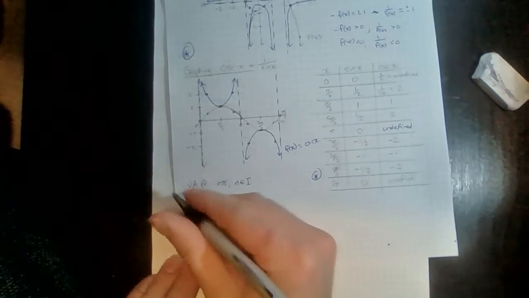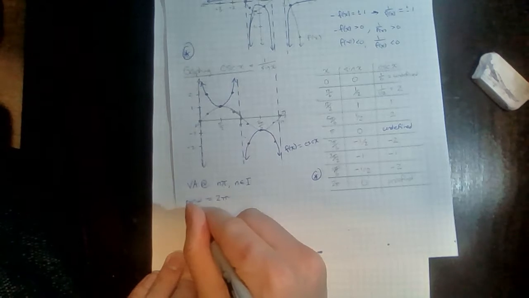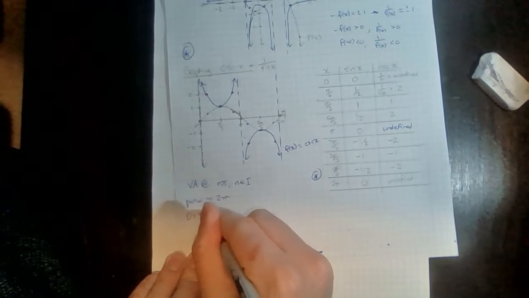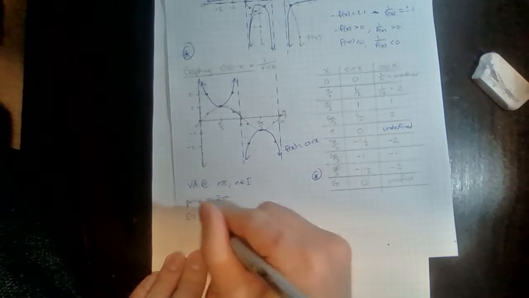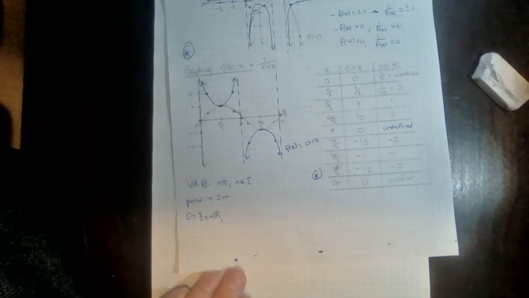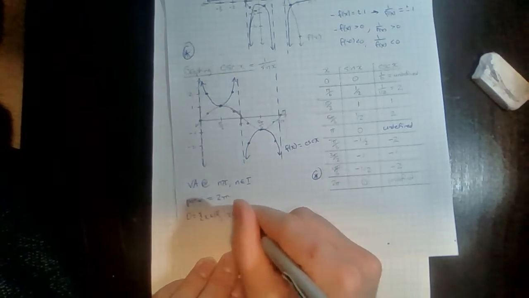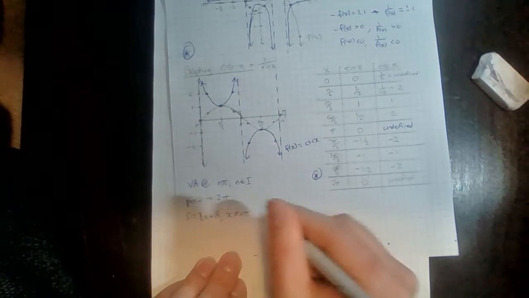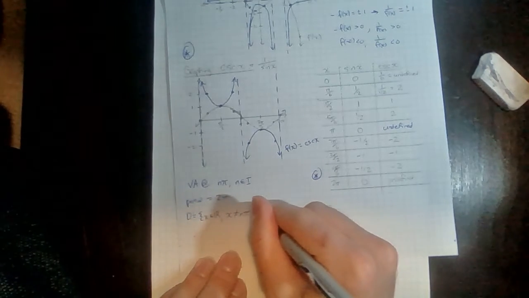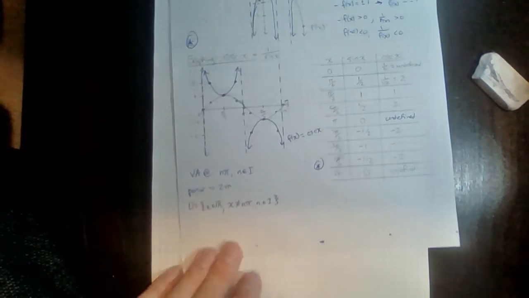Our domain, x is an element of all real numbers except where we have these asymptotes. So x cannot equal n pi when n is an element of the integers.